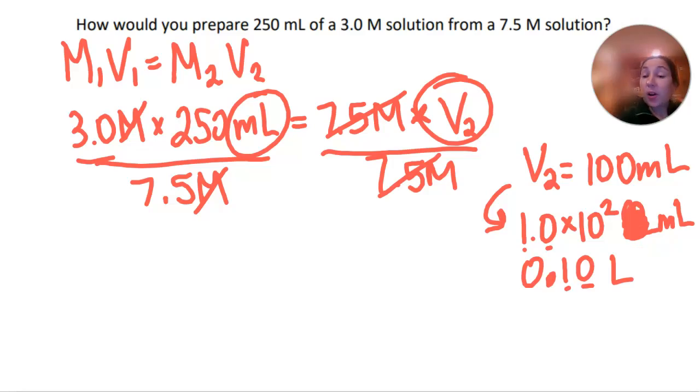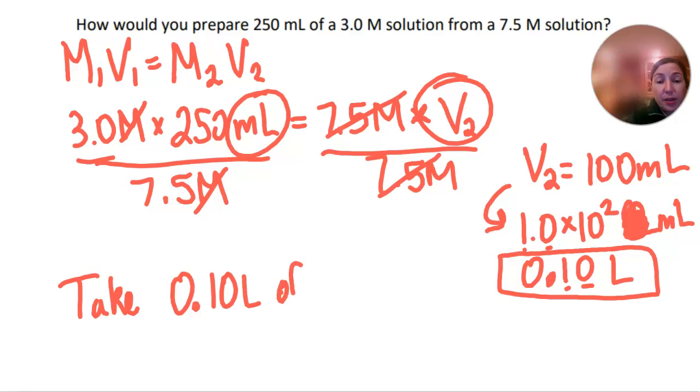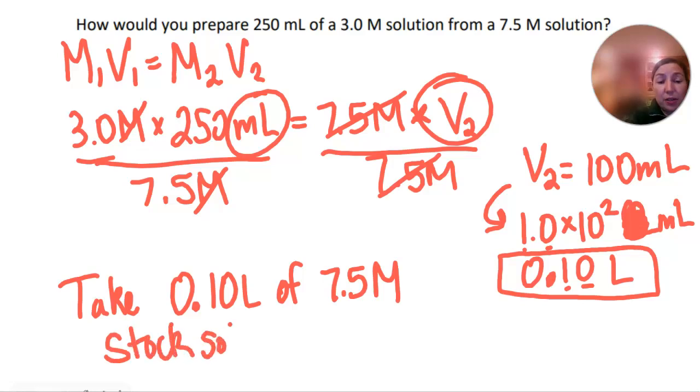Okay, so if we know that what we need is 0.10 liters of solution, what we will do is take and measure 0.10 liters of our 7.5 molar, what's essentially called a stock solution, the concentrated stuff.